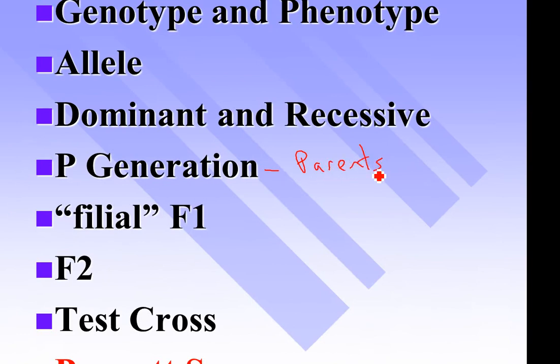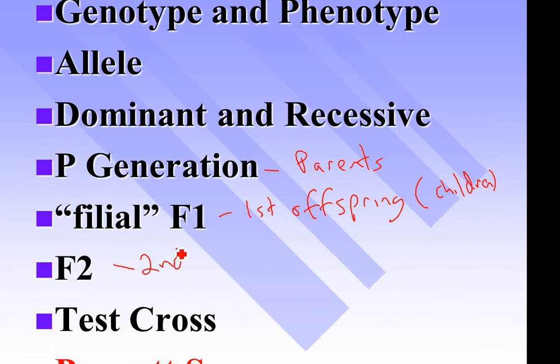The first Filial would be the first offspring, meaning the children. That makes F2 the second offspring.